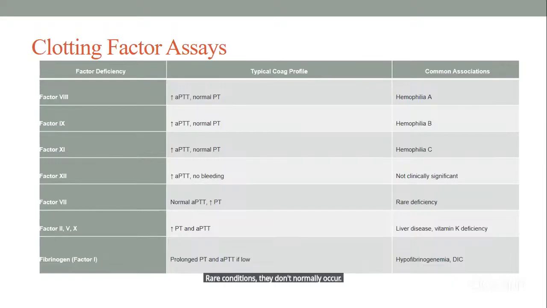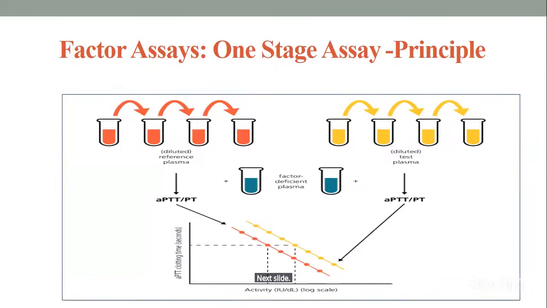Then high PT with also raised APTT, then we have liver disease and vitamin K deficiency. Then in cases of prolonged PT and APTT if low, then hypofibrinogenemia and DIC. Next slide.